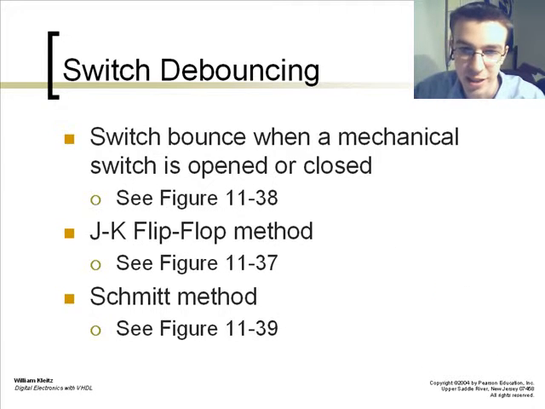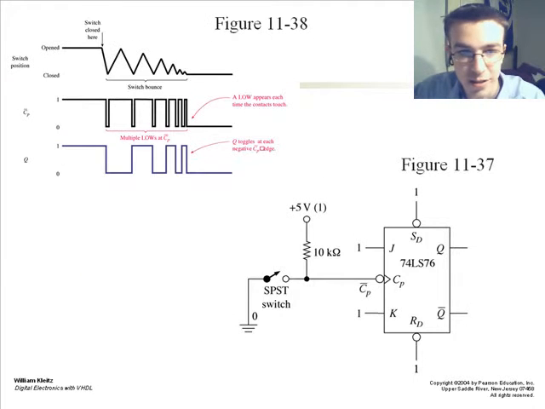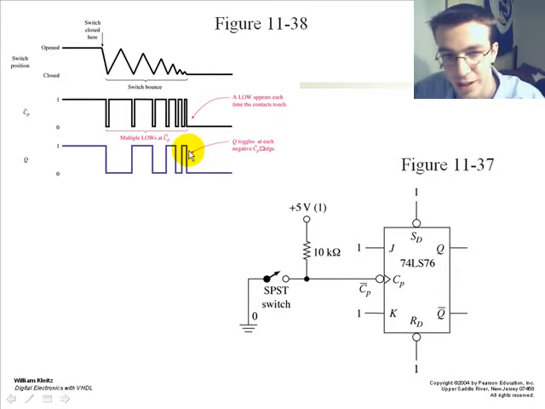Switch debouncing is when a mechanical switch is opened or closed. You can see that from figure 11-38 is when the switch position is either on or off, and it bounces, and you have the following output determining with the clock pulse whether it's on or off, but it's very straightforward with the 0 and 1 again, so it eliminates the bouncing method.